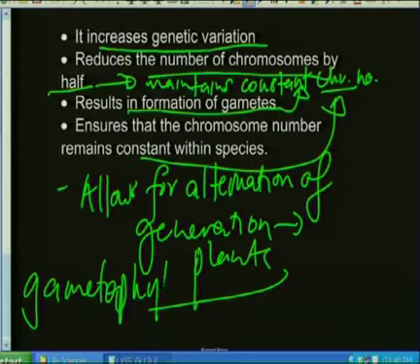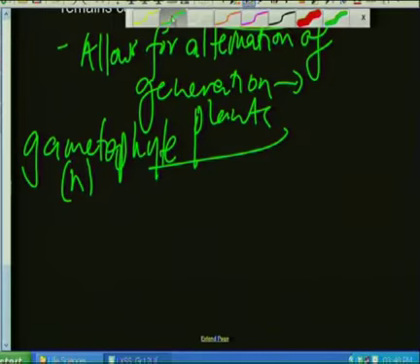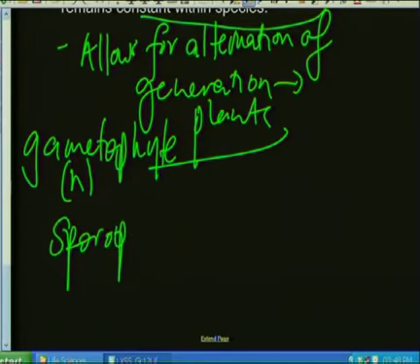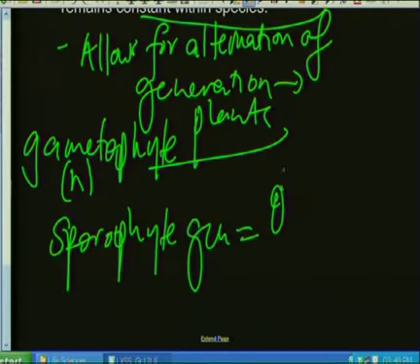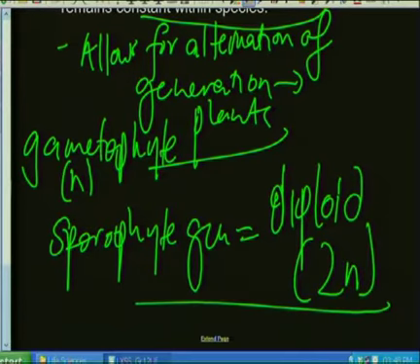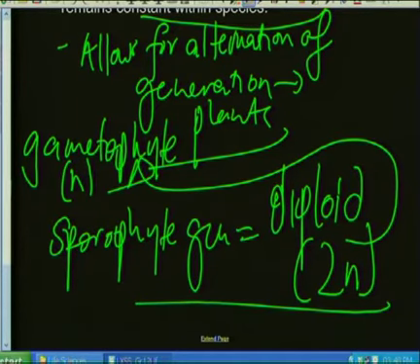Meiosis makes it possible because the gametophyte generation is haploid, N, and the sporophyte generation is diploid, 2N. So because of meiosis, the diploid can be converted to haploid, and in that way keep the chromosome number the same all the time.